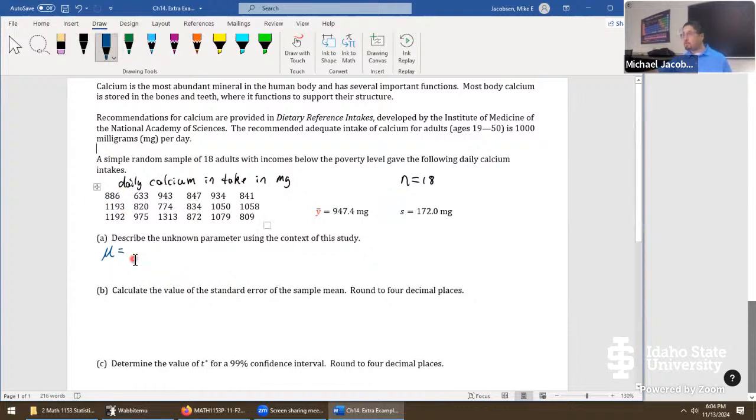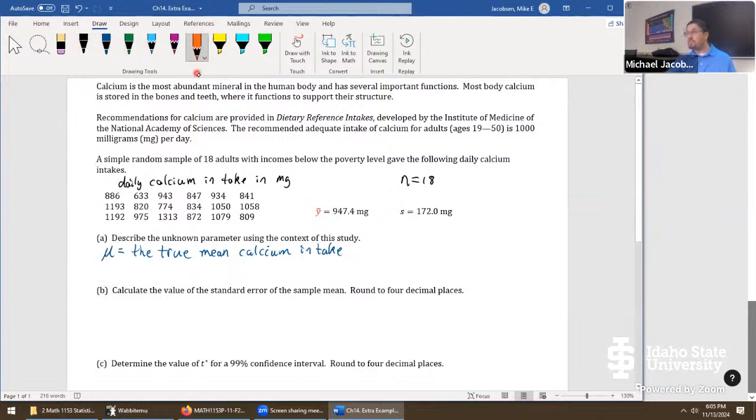So mu is going to be equal to the true mean, or you could say average, calcium intake. You don't necessarily have to mention that the unit is milligrams until we get to the confidence interval.